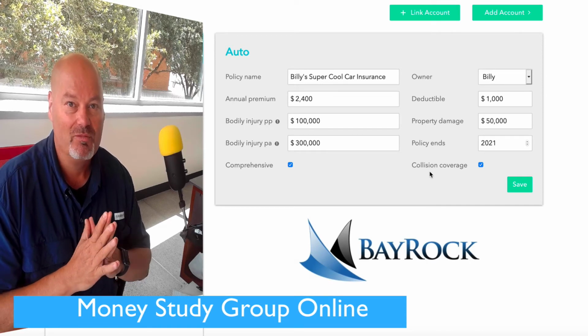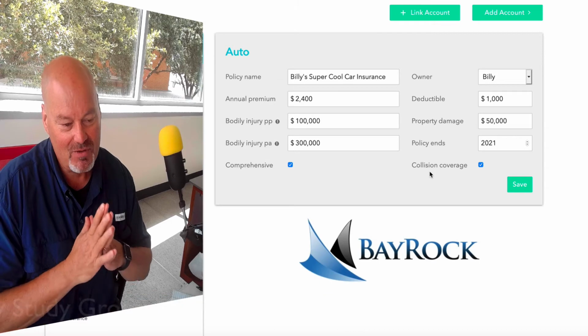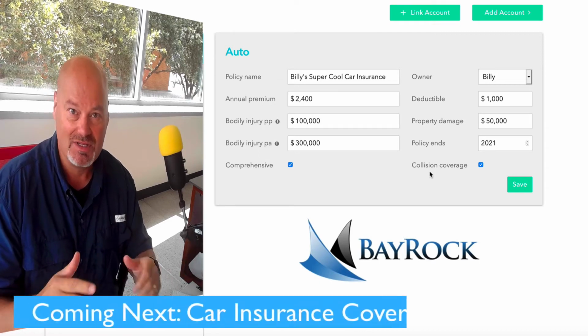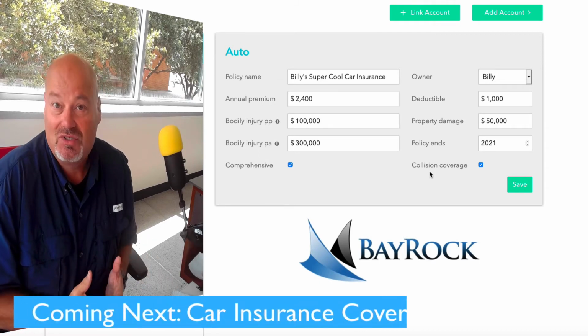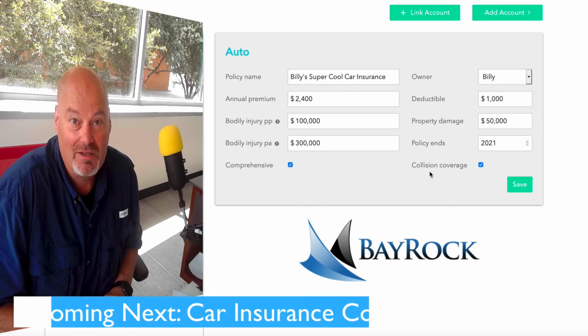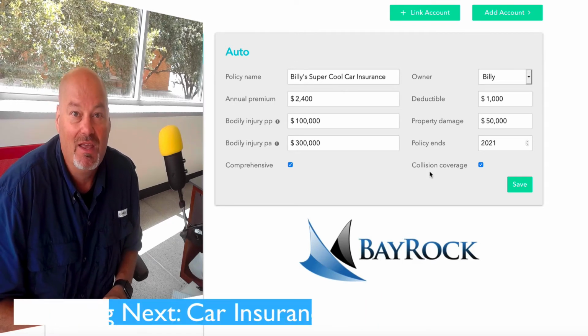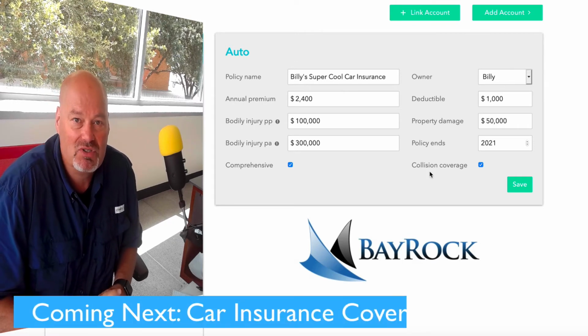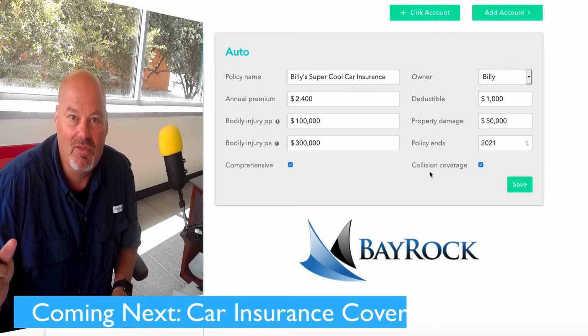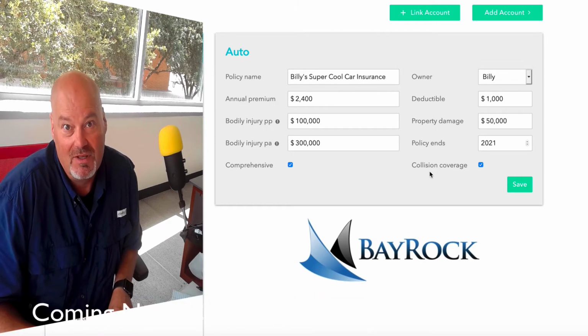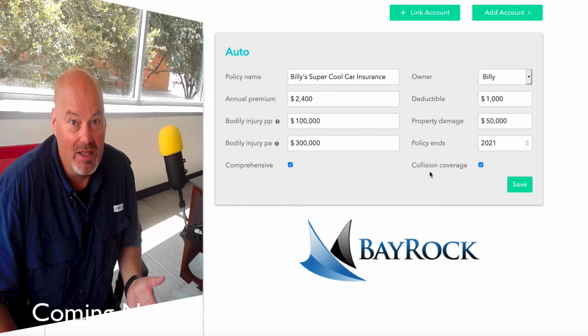Comprehensive is actually my very favorite coverage on any policy that I've ever purchased. And I'll just tell you why. I'll tell you more when I tell you this story about comprehensive and how it works. But first, just think about the word comprehensive. What does it mean, comprehensive?